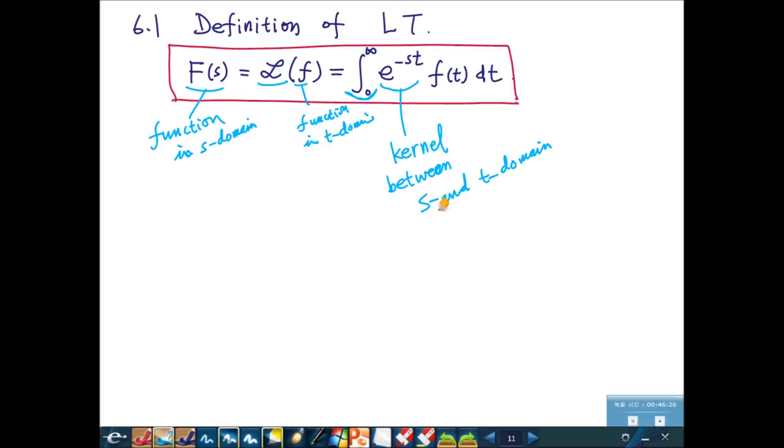Kernel has another meaning, but you can think of it as a bridge. It's a bridge between T world and S world. Okay? Very philosophical, right? Isn't it?